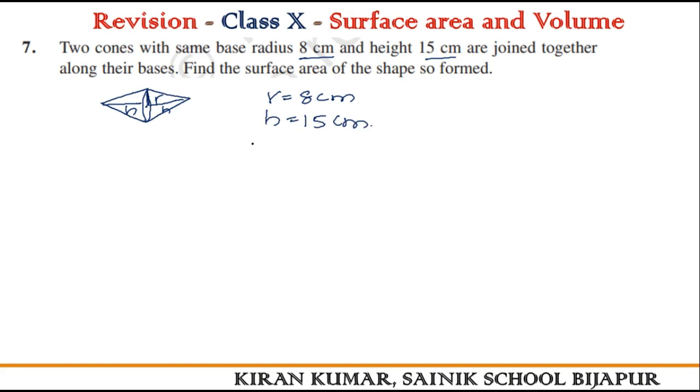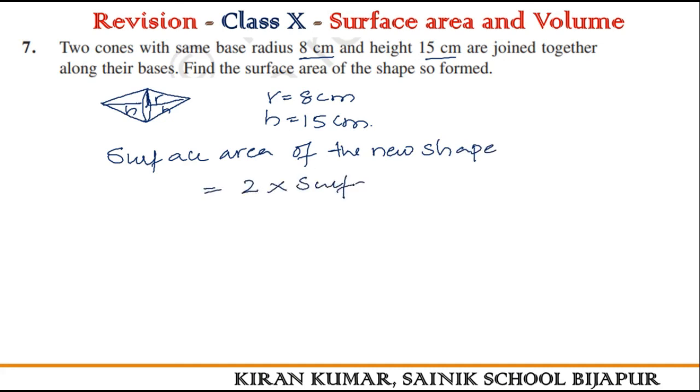So here the surface area of the new shape so formed is same as 2 times the surface area of each cone. I'll write 2 times surface area of one cone.